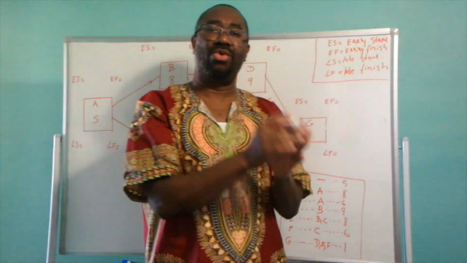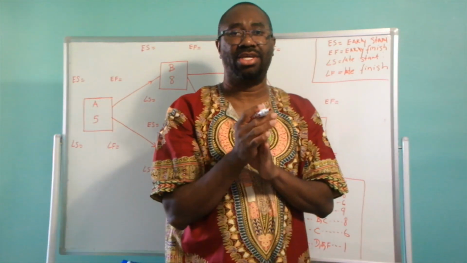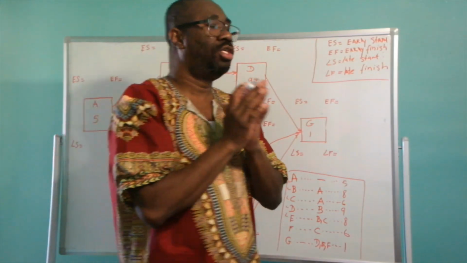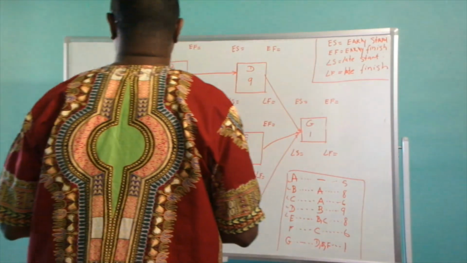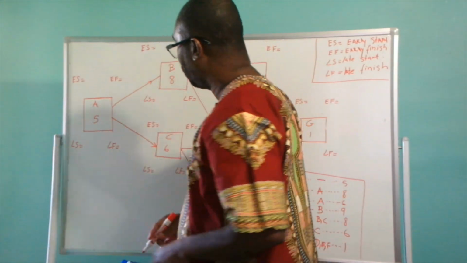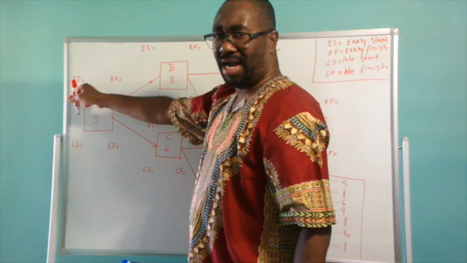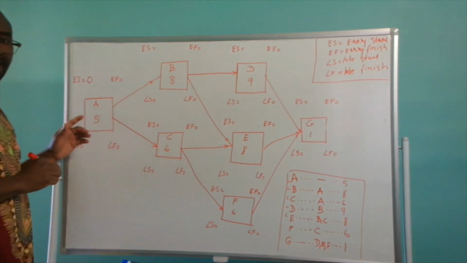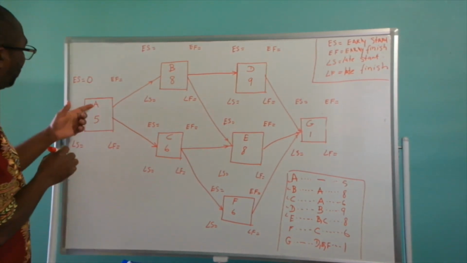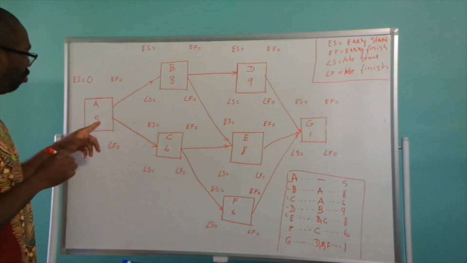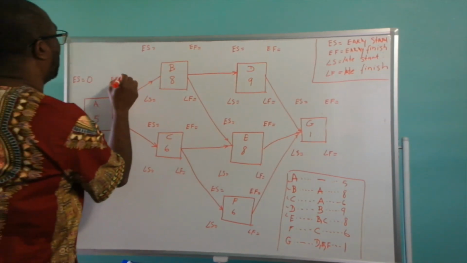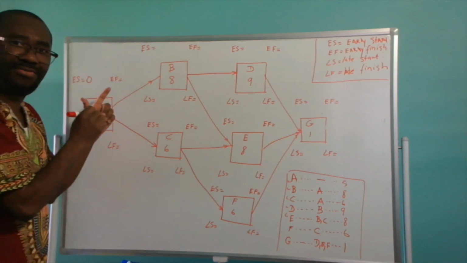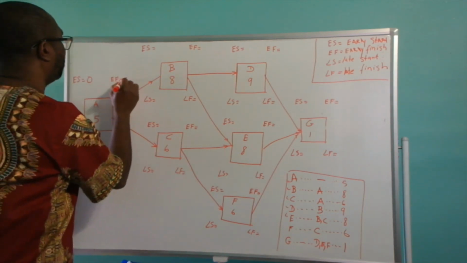And when you're doing the backward pass, you subtract your activity duration. So just pay attention here. So if you notice, our early start is going to be 0 for activity A. So activity A has a duration of 5 days. So it's going to start at 0. So we're going to have an early finish of 5 days.